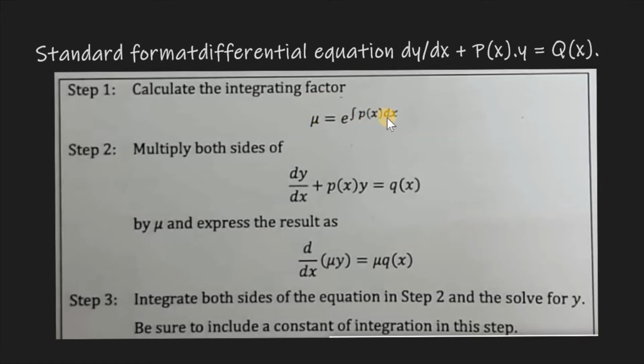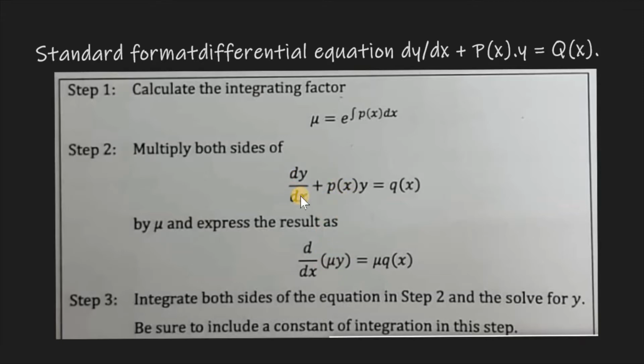Somehow you need to memorize the formula, and in our first lecture we have the proof on how to get to this formula. After you have got that, you multiply this integrating factor with all the terms. When you multiply, the left hand side becomes an expansion of the product rule.